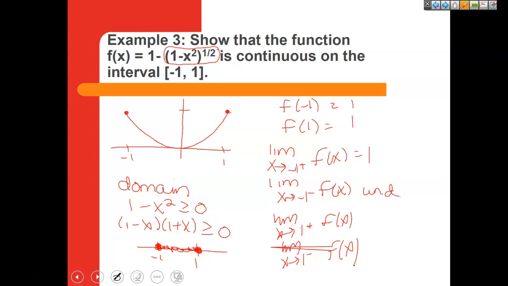How can this be so expensive? So this is left-hand continuous at x equals 1 and right-hand continuous at x equals -1.